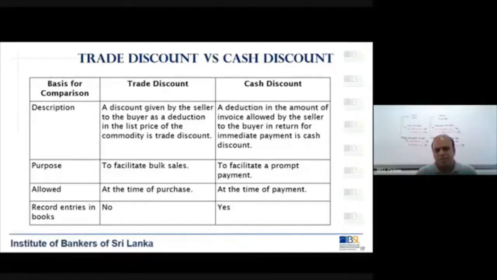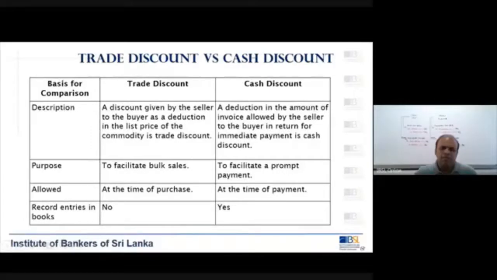This has been tested in the examination, so I would prefer that you remember these definitions, the purpose of each, when it is allowed, and how we record it. I have given it in table form, trade discount and cash discount, and the criteria that we are supposed to look at.